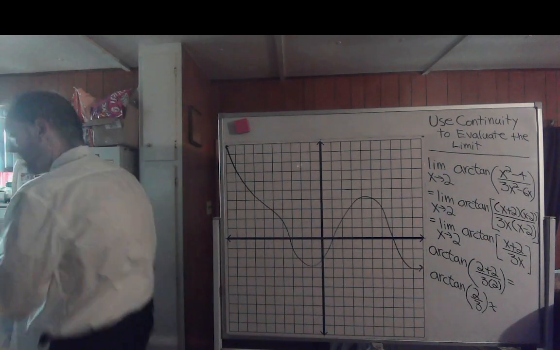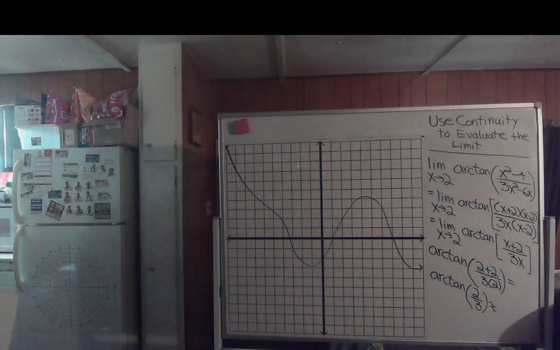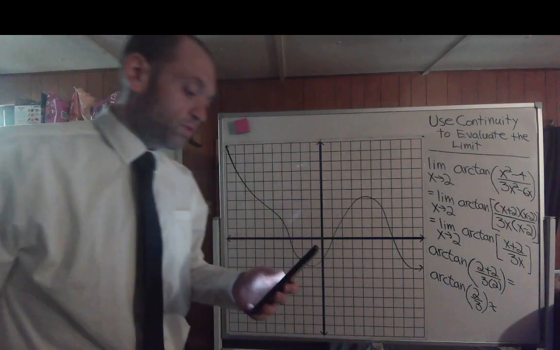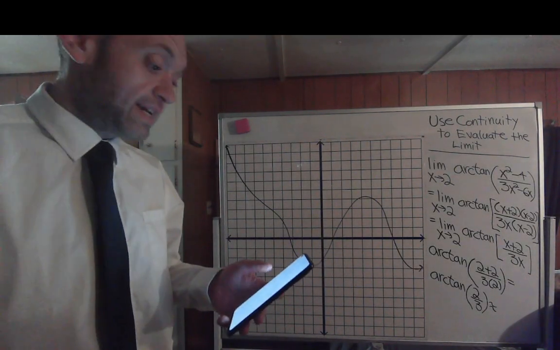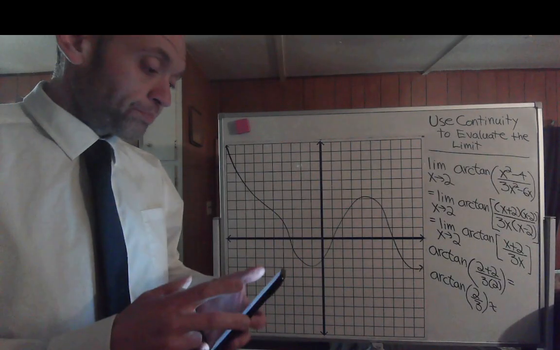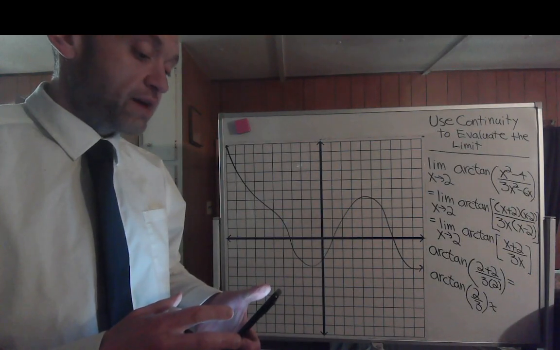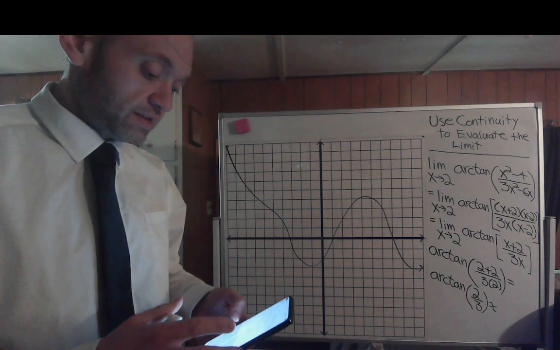So let's go ahead and see if we can find a decimal approximation. I had to get my handy dandy phone, which is actually my handy dandy calculator. So let's take the arctangent of 2/3 and round it to 2 decimal places.